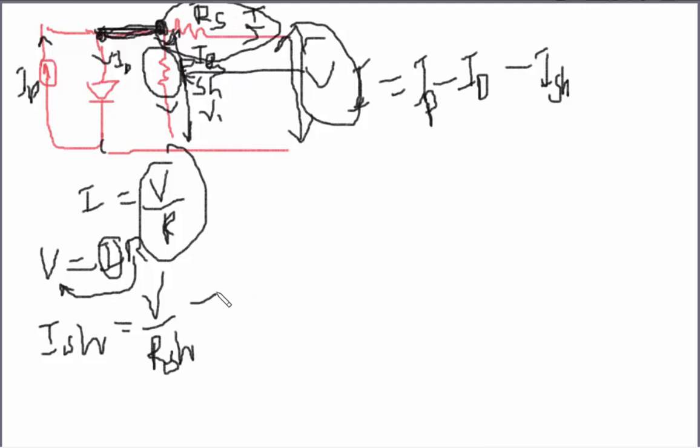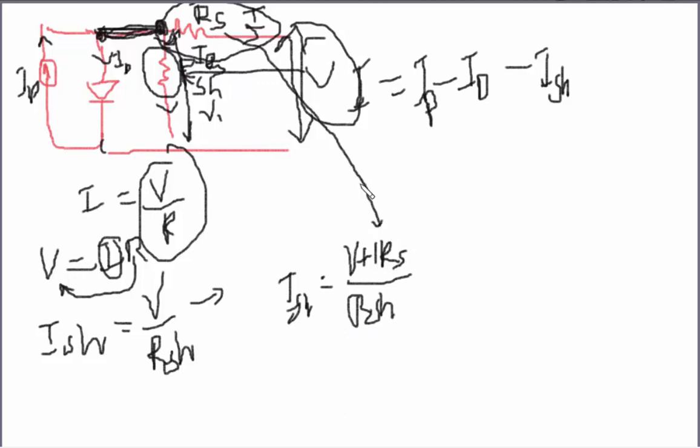So then what will I get? I will get ISH is equal to V plus I into RS divided by RSH. Okay, because we use V here. So then the final equation is IPH minus ID.